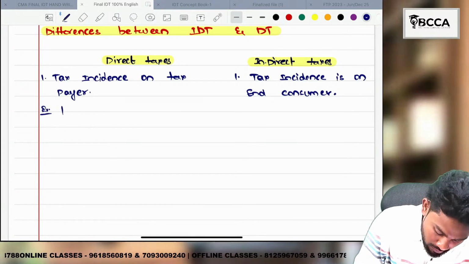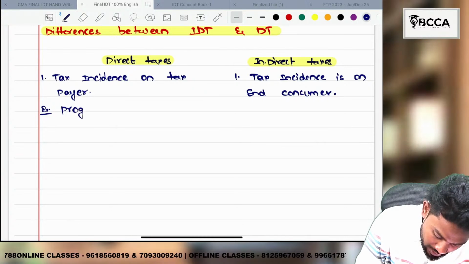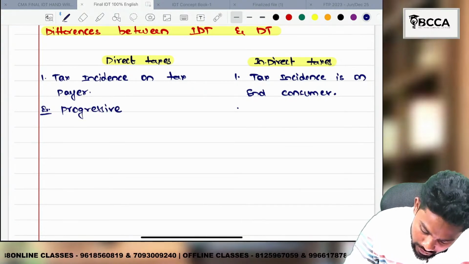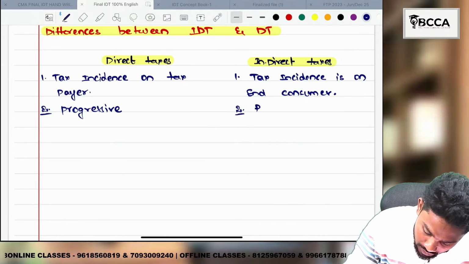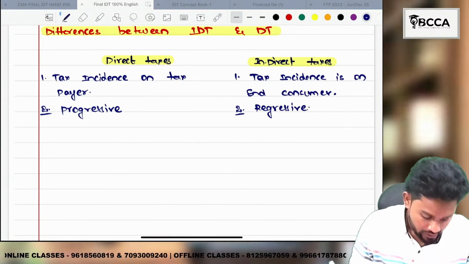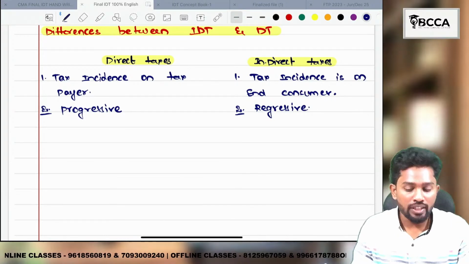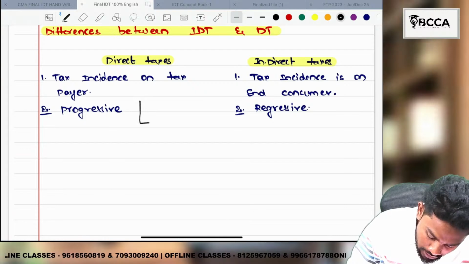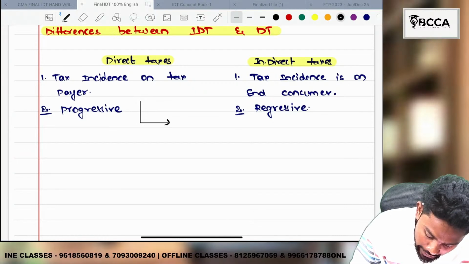Next, direct taxes are progressive, whereas indirect taxes are regressive. So progressive means what, sir? The graph will be in an inclining way.